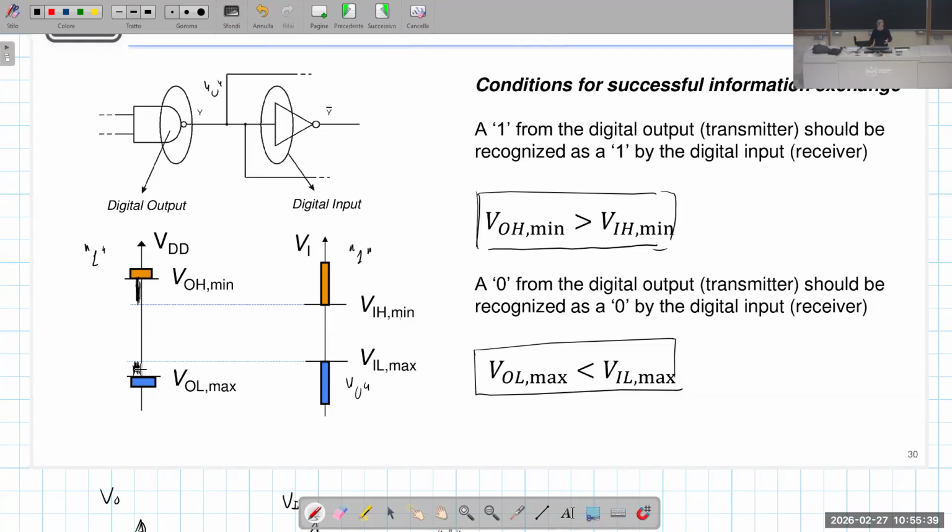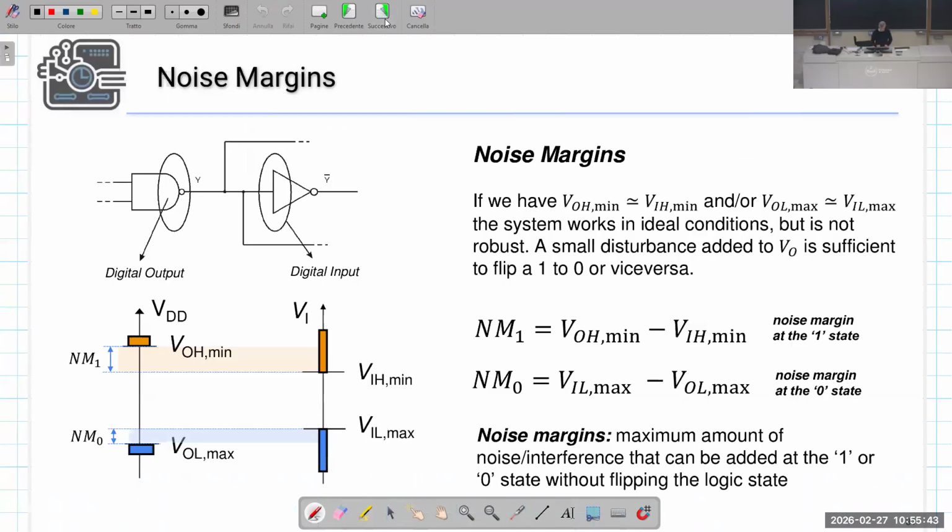It measures this difference, this distance, measures the robustness of the digital gates against noise. Okay?